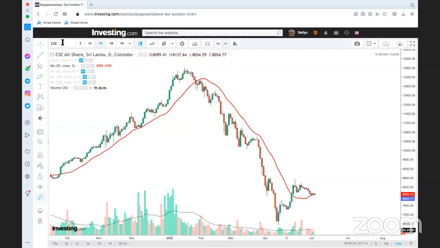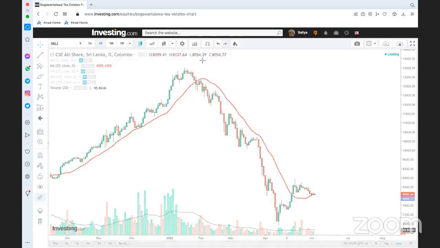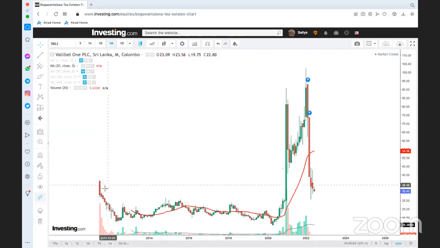If we go to the Valuable One chart and move into their monthly chart, you will see that they started in 2011 July, and when it started it was at 36.25, the open price. In fact, this came into the market at an IPO price of 25 rupees, right?